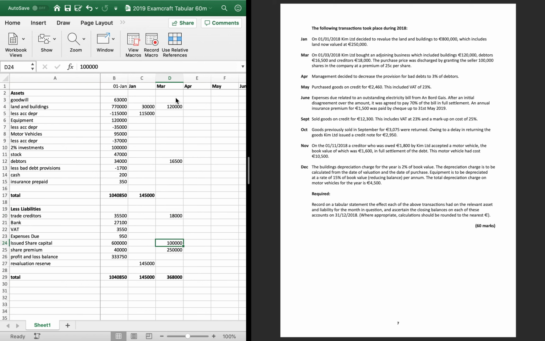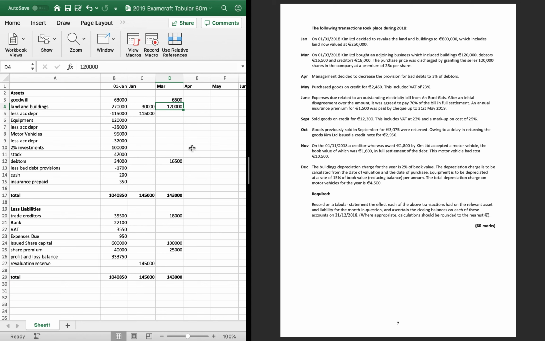That can't be right. So that should be 25,000, which is 143. Add up your assets. It's 136.5. So the difference between the two of those is your goodwill of 6,500. Okay, and then both sides add up to 143.